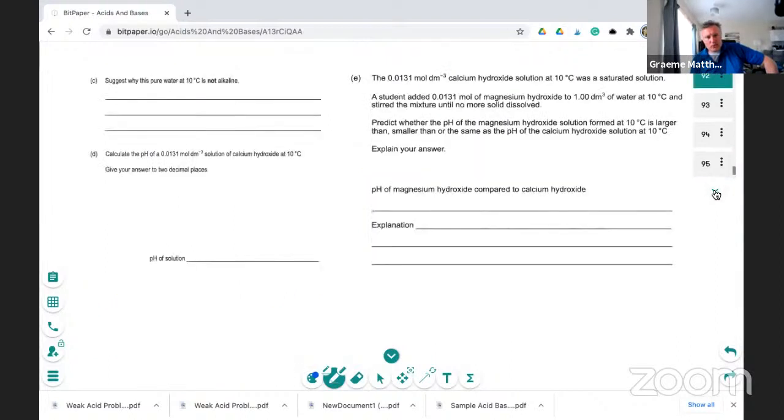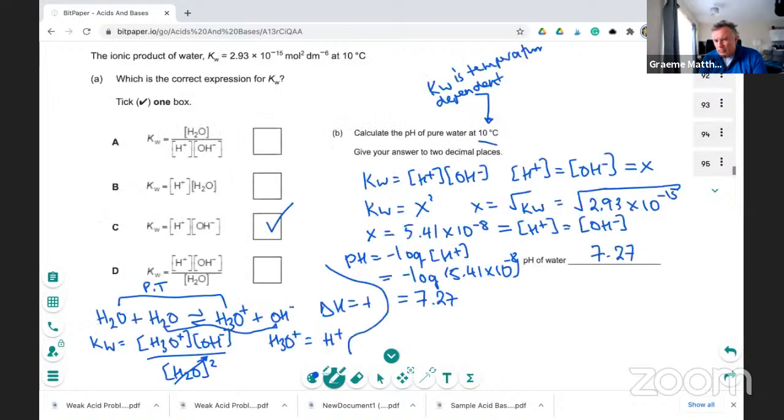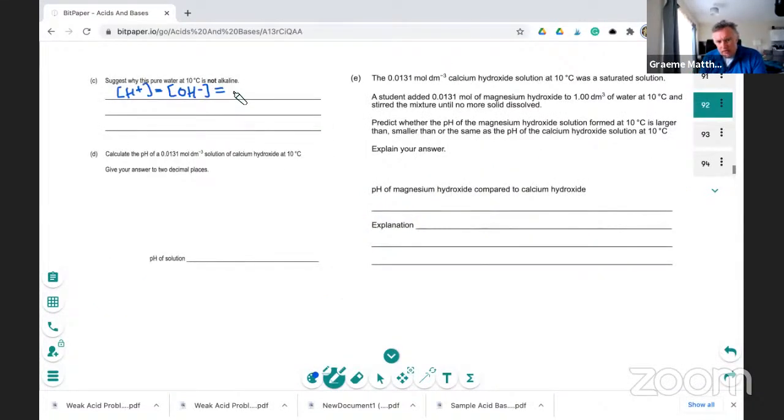Now then, it said, suggest why this pure water at 10 degrees C is not alkaline. All right, it's because the concentration of H plus is equal to the concentration of OH minus, which is on the previous board, 5.41 times 10 to the negative 8.